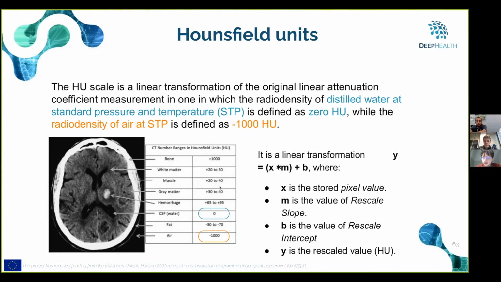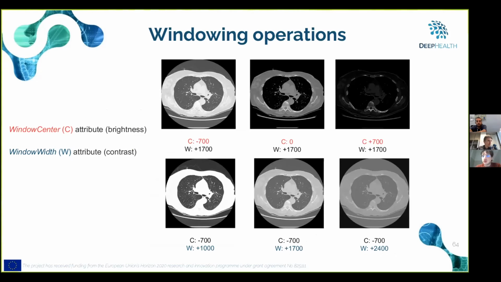And so, what is windowing? We want to see different tissue or parts of the CT scan based on the windowing operation. We have these two attributes, window center and window width, that represent the brightness or the contrast of the DICOM file.